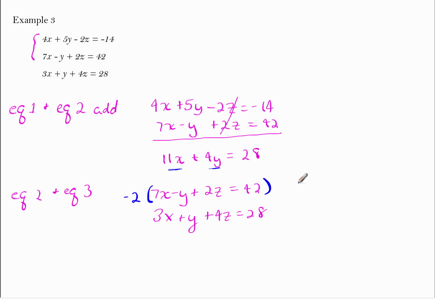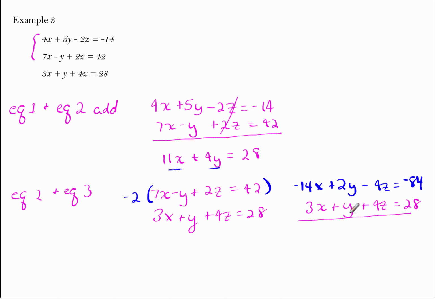When I do that, I get negative 14x plus 2y minus 4z equals negative 84. And then I still have my equation below, 3x plus y plus 4z equals 28.